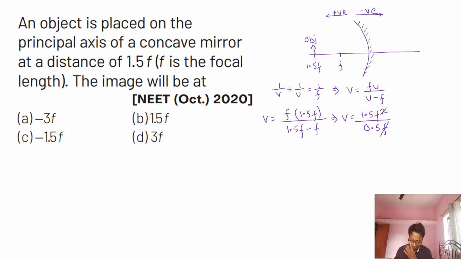So it's basically 15 divided by 5, or v is equal to 3f. Our correct answer is option number D, v is equal to 3f.